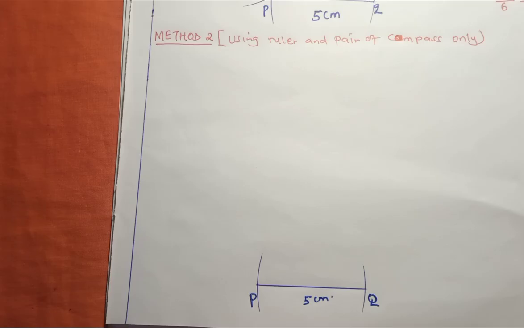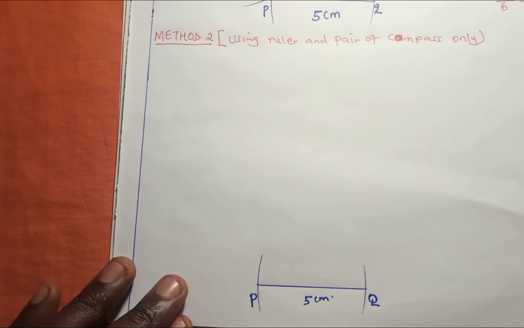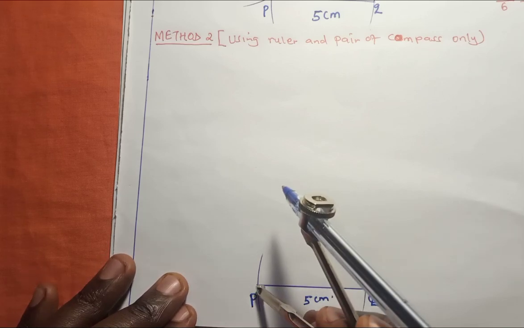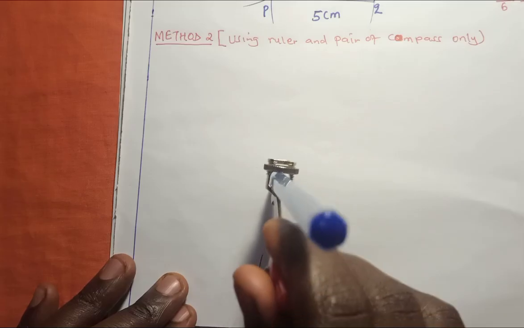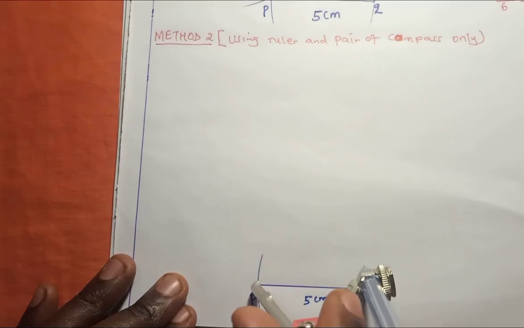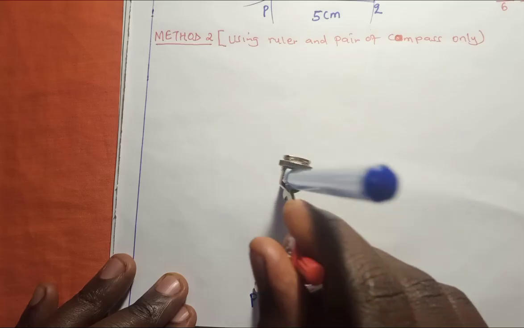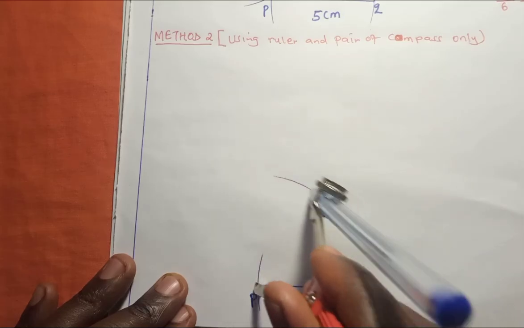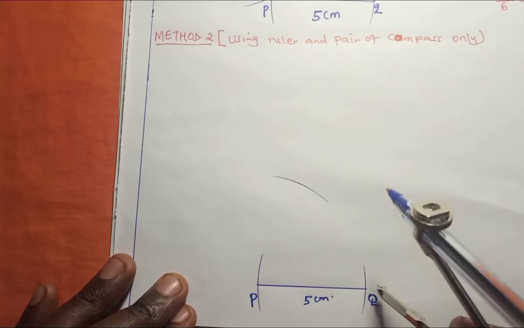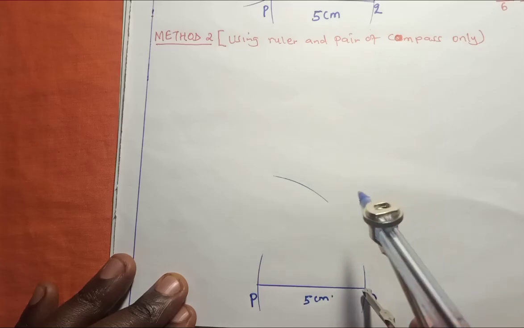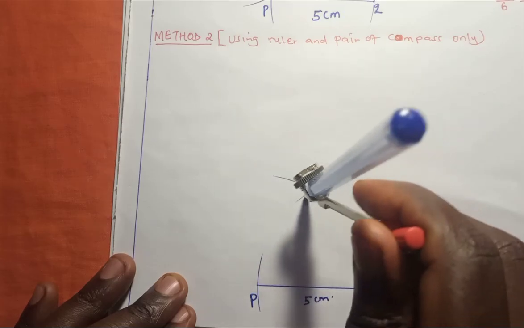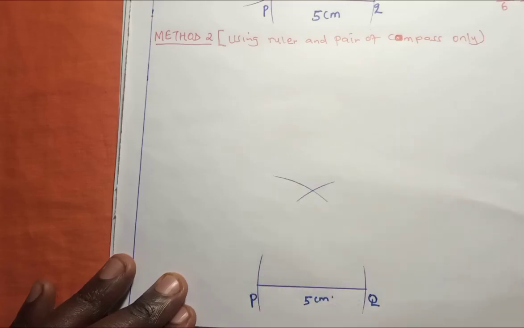Now that we know the proportion of each angle, I'm going to bisect the line PQ by standing at point P, and using the same length, I will make an arc above this line PQ, and then stand at point Q again and cross this first arc.